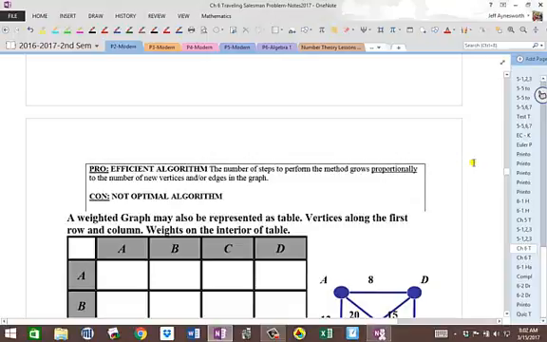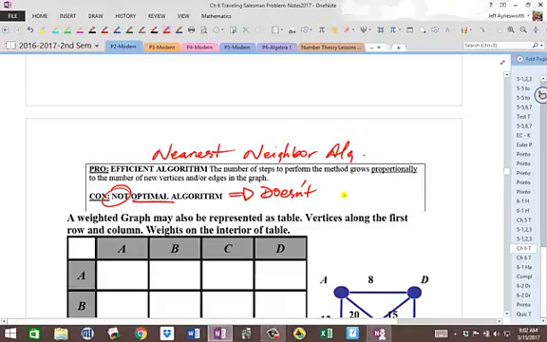So the pro is that it's efficient, it's easy to perform, and it's quick. The problem is it's not optimal, which means it doesn't always guarantee the optimal solution.